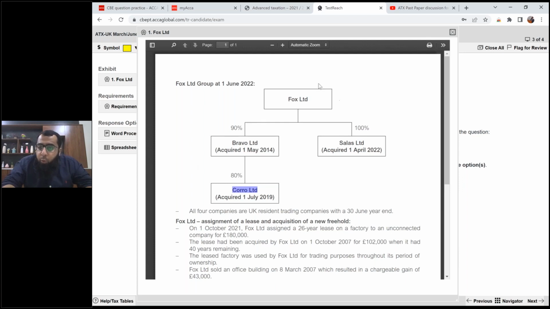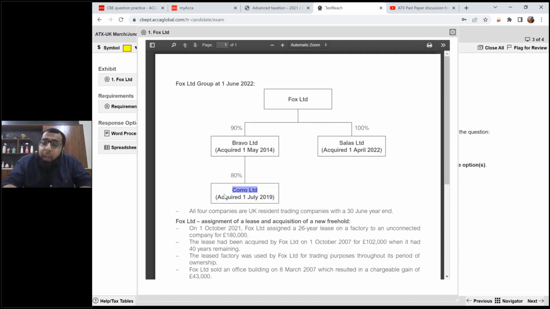But Coro Limited will be part of the capital gains group, because in a capital gains group, the indirect ownership requirement is 50%.